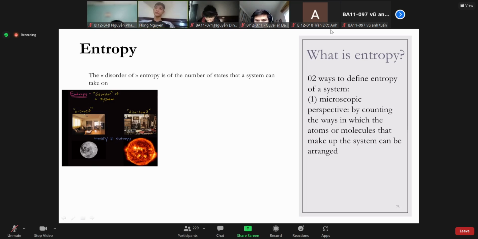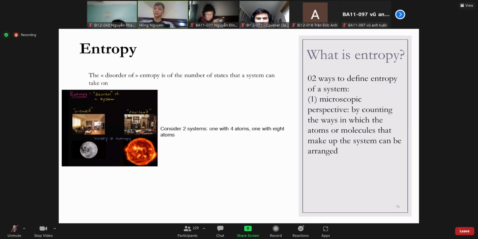Here, we say that the disorder of entropy is of the number of states that a system can take on. Of a system, the number of states that a system can take on. So you understand until here? Let me take an example of 2 systems, very simple systems.